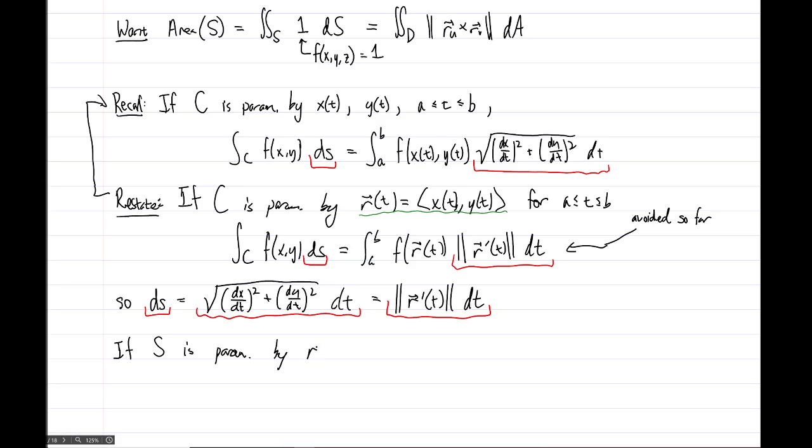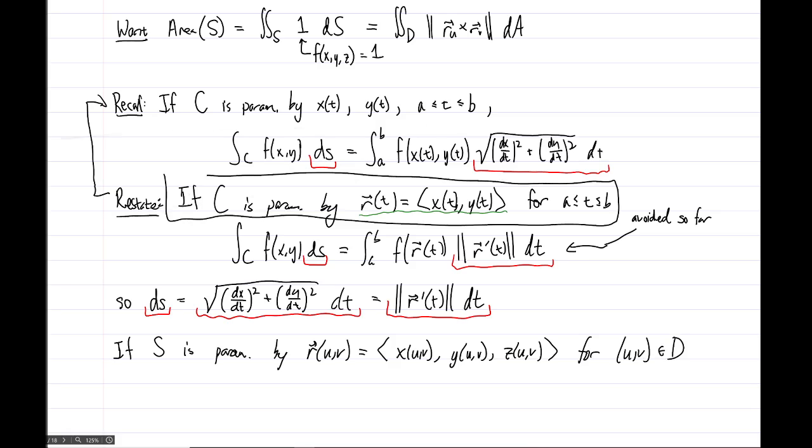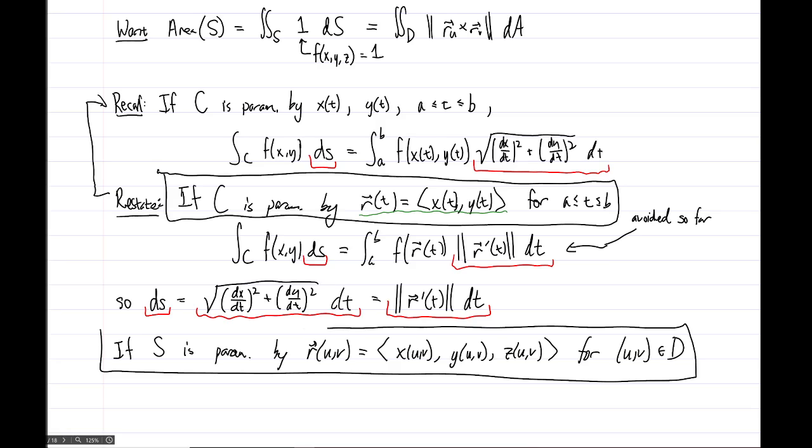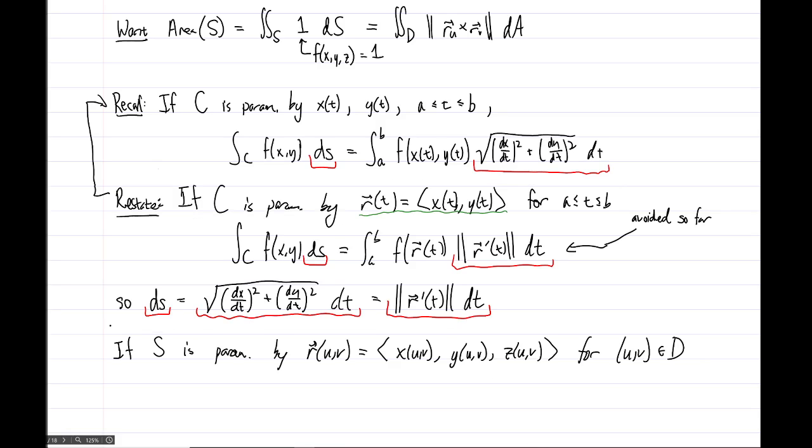Parameterized by r of u comma v equals angle bracket x of u comma v, y of u comma v, z of u comma v, for u comma v in the parameter domain. So that's as close as possible to what's being stated right there. These two boxes are meant to sound as similar as possible. It's just that for a curve or a line, you only need one parameter t, and for a surface, you're going to need two parameters u and v. Now, let's get a line that looks as similar to this as possible.